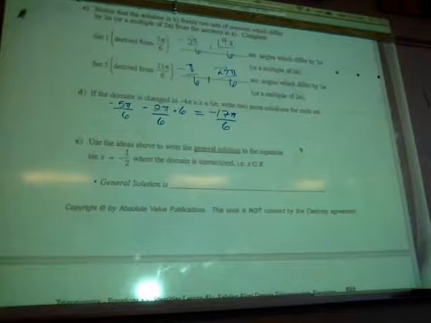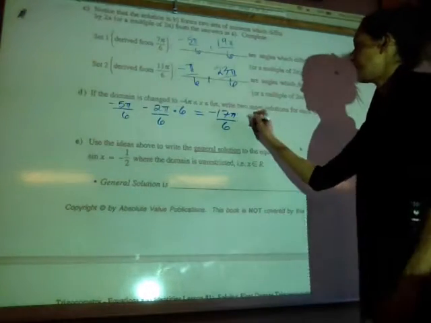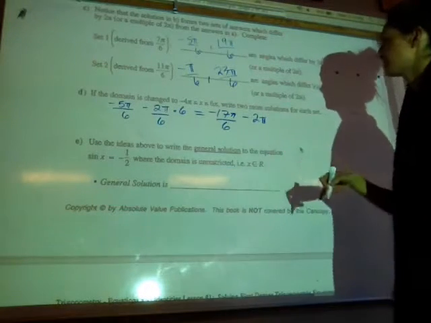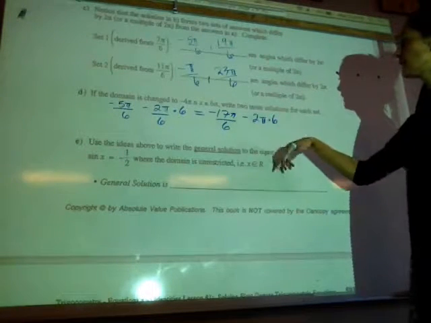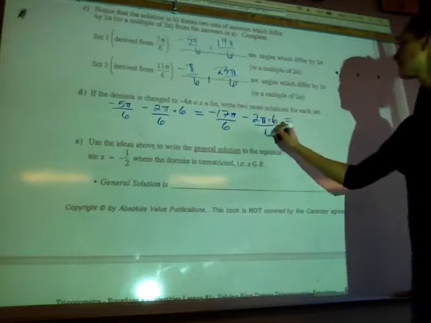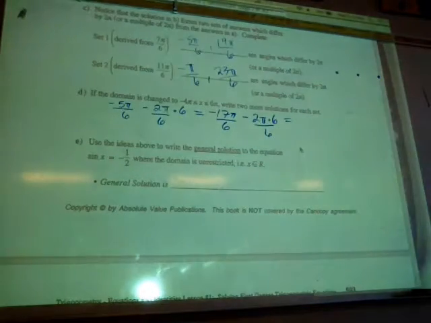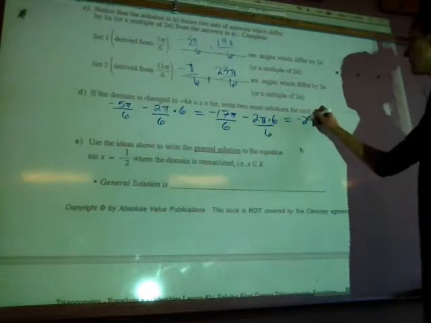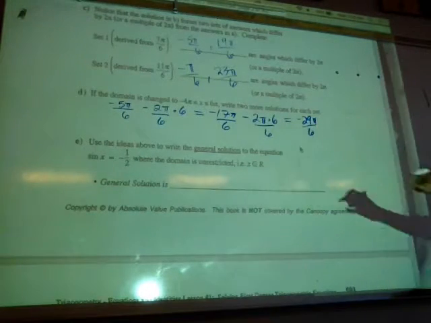And if I go 17 divided by 6, I get 2.83 repeated. Let's just see if we can go further. So let's take this one now, and let's subtract 2 pi. Okay, if I go 17 minus 12, what do I get there? Sorry, negative 17 minus another 12. Negative 29 pi over 6. Let's just check that.